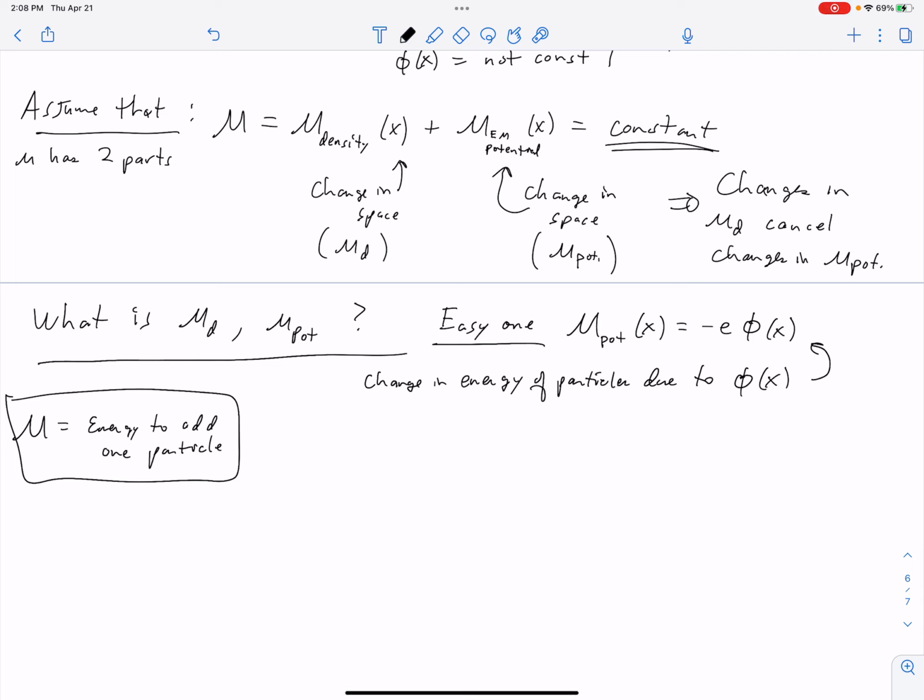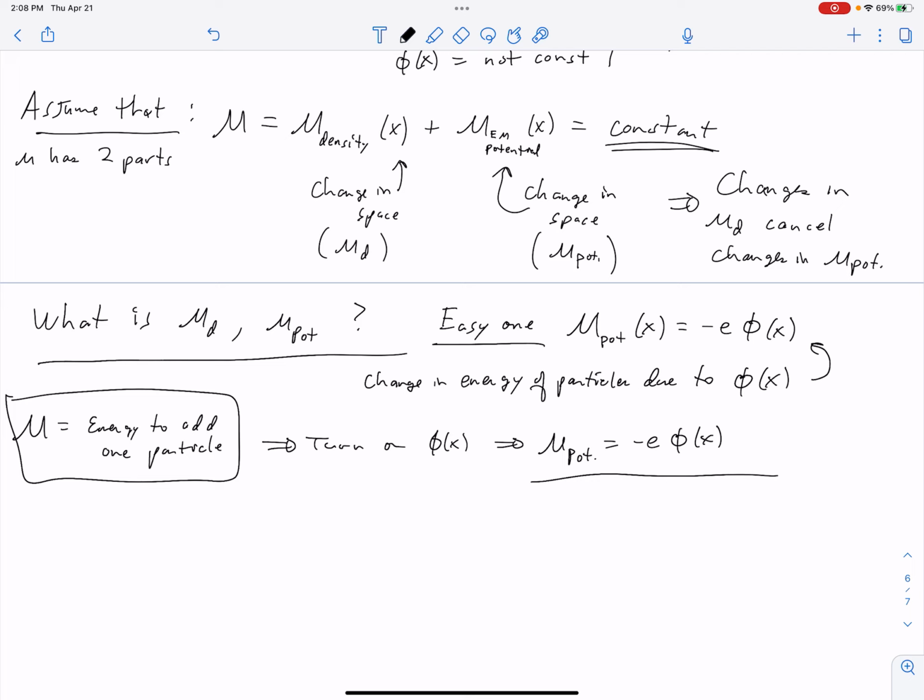And so you can see that if I turn on phi of x, then we change the chemical potential because we're changing the energy to add a particle, and that change in the energy is just going to be this potential part of the chemical potential, minus E times phi of x. Okay, that's the easy part.